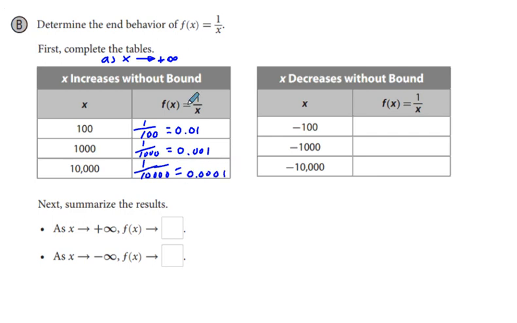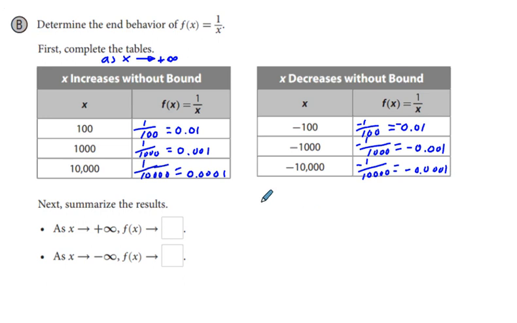Then if x decreases without bound and we plug in negative 100 for x, we get a similar-looking thing except with negatives: negative 1/100th, negative 1/1000th, negative 1/10,000th. In decimal form, we have negative 0.01, negative 0.001, and negative 0.0001.